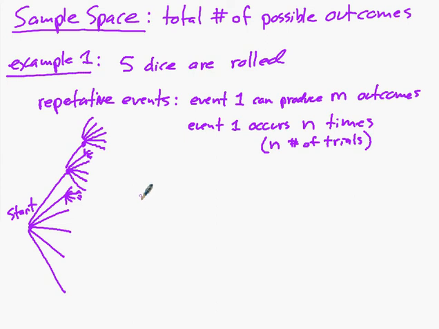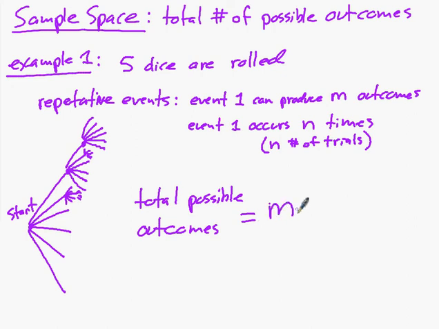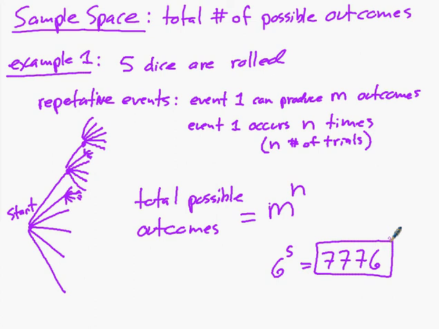So we have our total possible combinations or outcomes. Each branch is 6, so it's going to be m to the n, which in this example is 6 to the 5th, right, which is 7,776 different outcomes by rolling 5 dice.